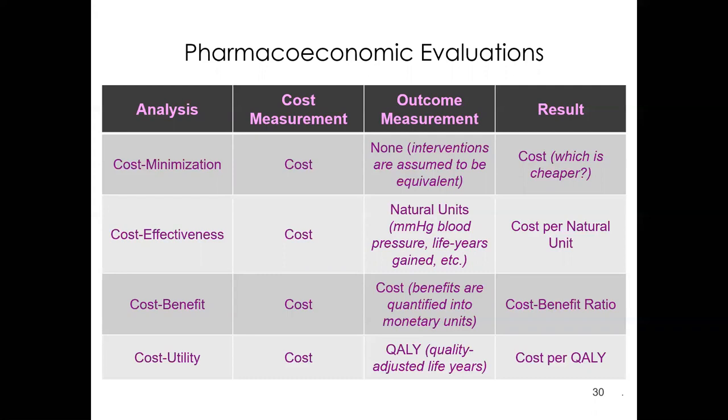Or if you have a patient that's really sick and they can't work right now, and this treatment is beneficial enough that they can start working, then the monetary gains that they get from going back to work would count. And finally, cost utility analysis looks at the monetary cost of the treatment and the quality adjusted life years gained from the treatment, which I'll explain a little bit on the next slide.